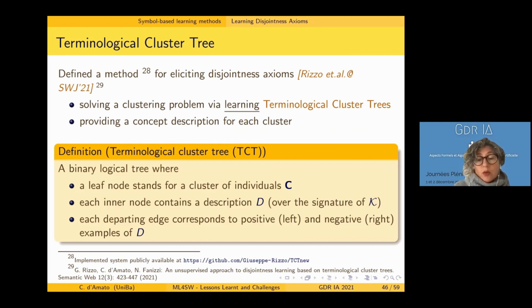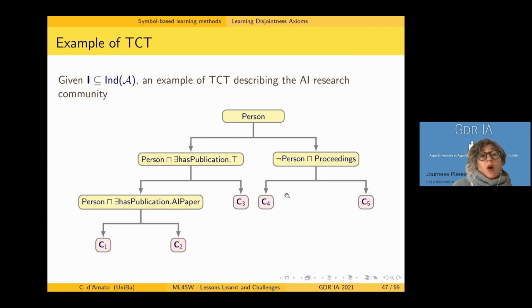An example of a terminological cluster tree is depicted here, describing the AI research community. As you can see, at each leaf node we find a collection of clusters that are given by collections of individuals.